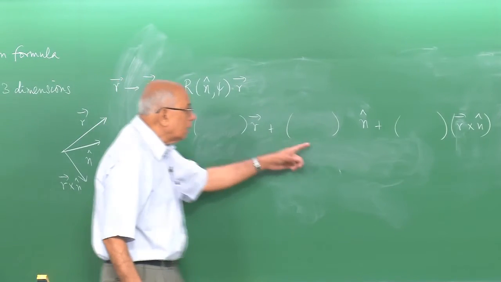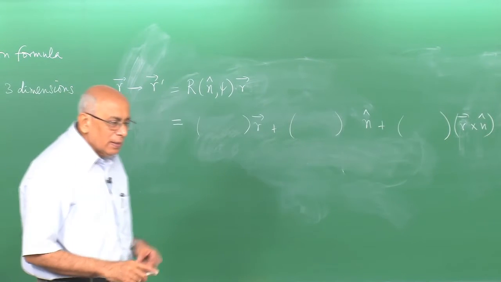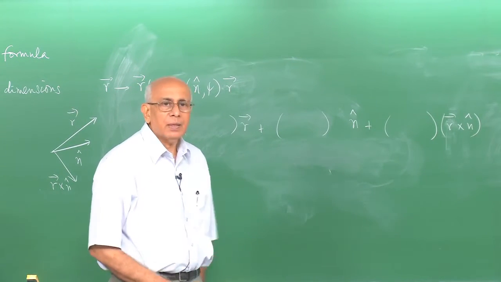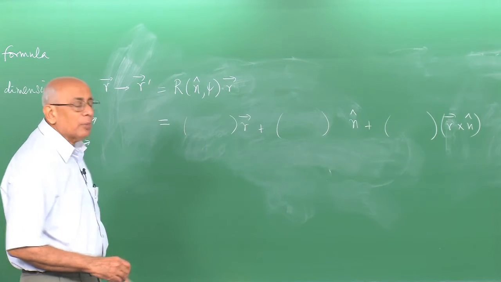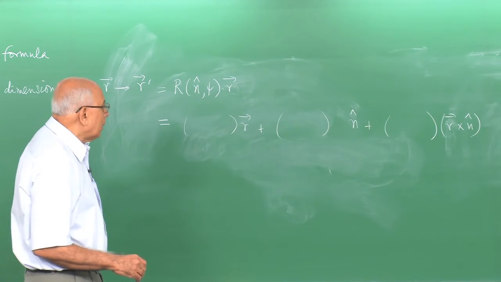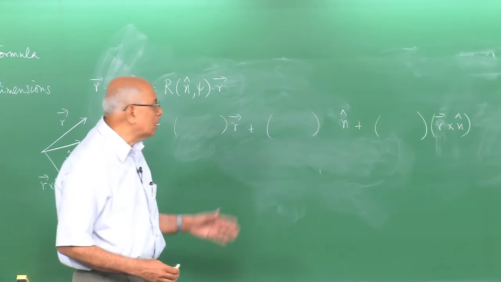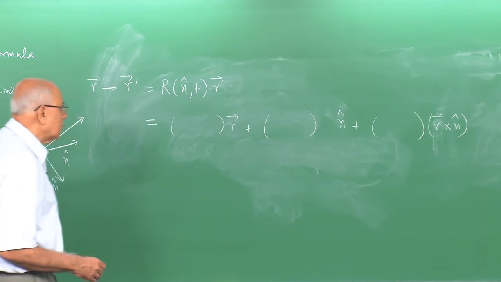Now what goes in here is what we have to determine by this simple physical argument. One can derive this formula rigorously, completely ab initio, starting systematically from the start, specifying this rotation as a proper 3 by 3 matrix. But what I am trying to give is a simple physical argument which practically enables you to guess the answer inside here based on just physical reasoning.